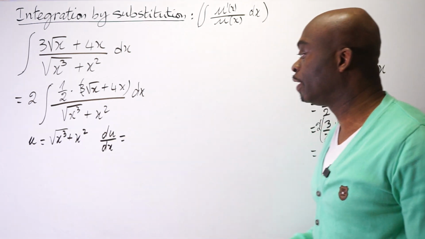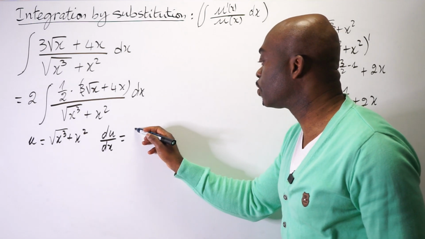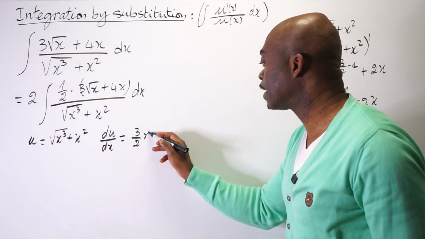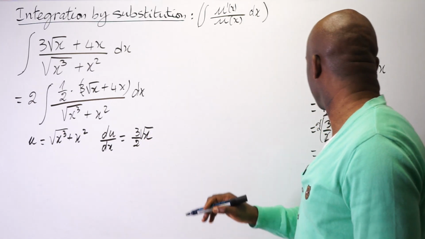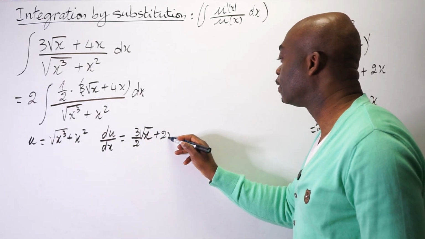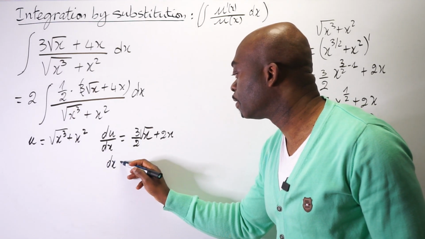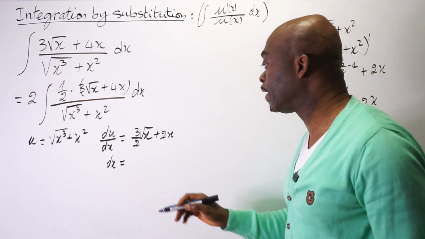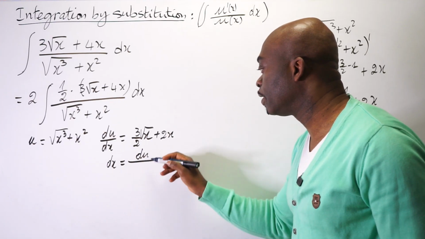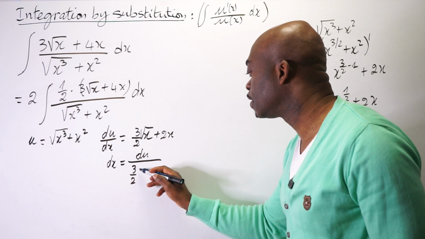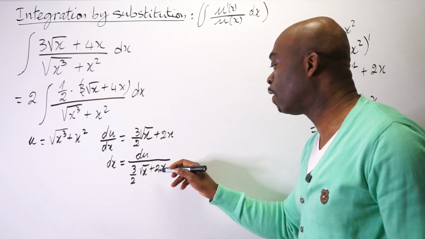We did it before, and we end up with 3 over 2 square root of x plus 2x. Then dx is going to be du over this whole thing: du over 3 over 2 square root of x plus 2x.